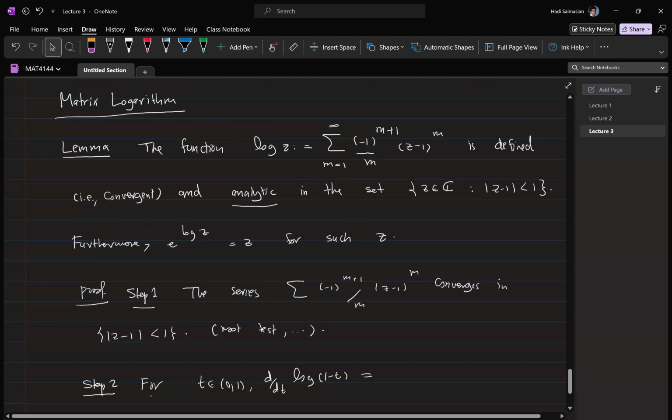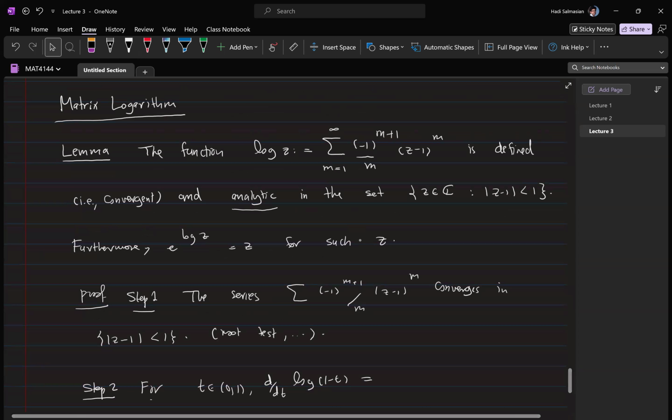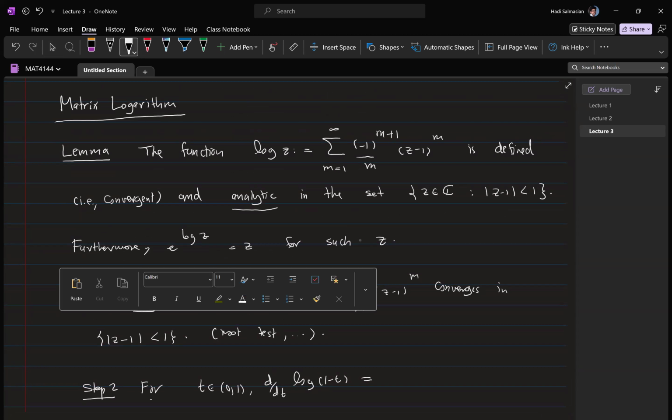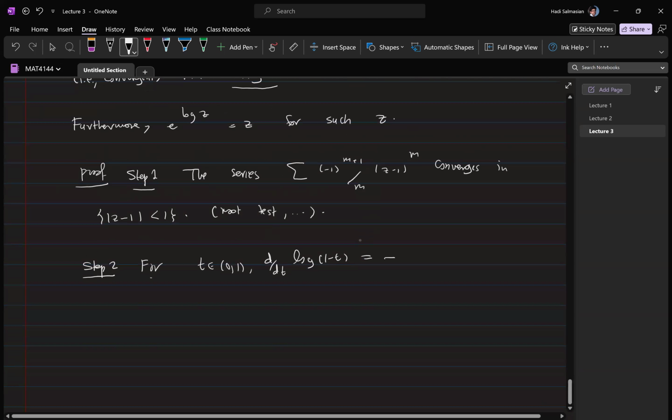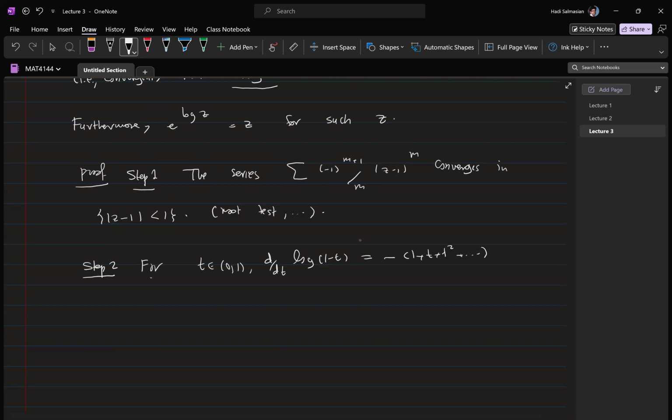And when we differentiate each term, the negative sign goes away because you get a negative 1 to the power m. You basically just are left with one negative sign, and then the denominator m goes away, so you get 1 plus t squared, basically, which is 1 over t minus 1, which is the right derivative, basically, because I have a 1 minus t here. If I change t to 1 minus t, I get the right derivative, okay?